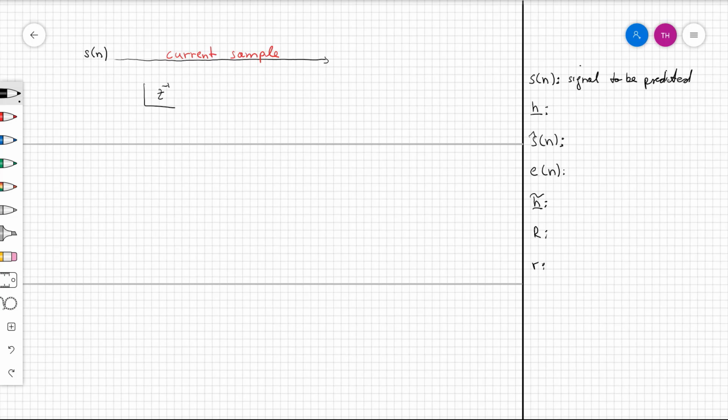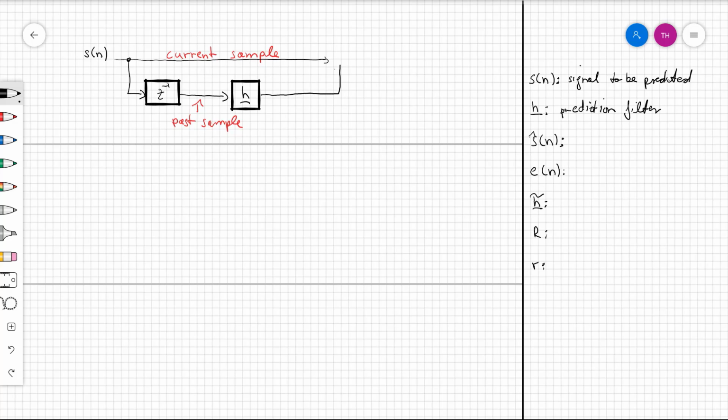So we insert a delay block, and the output of that block is our past sample. After that delay block, we can insert a filter with filter coefficients in H, and this is our prediction filter. The output of that filter should then be an estimate of S of n, or in other words, the prediction of S of n based on past samples.